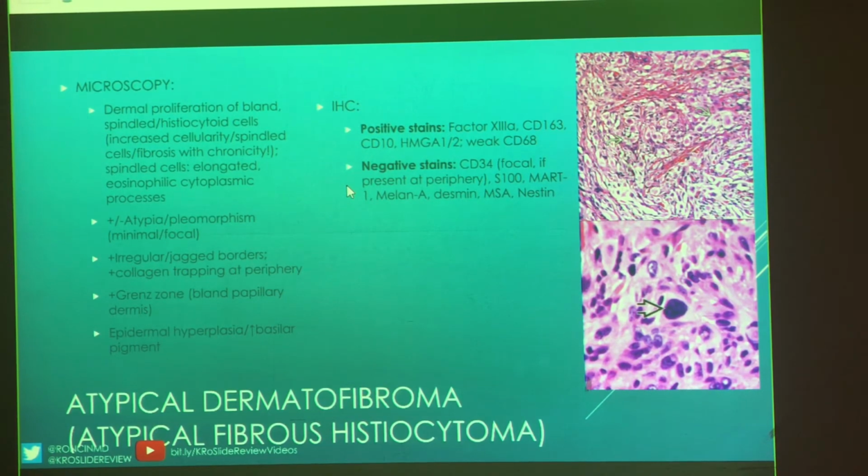For your immunostains, Factor XIIIa makes its appearance again, CD163, CD10, HMGA1 or 2, and you can also see weak CD68. Your CD34 is often negative, but you may have some focal positivity at the periphery.